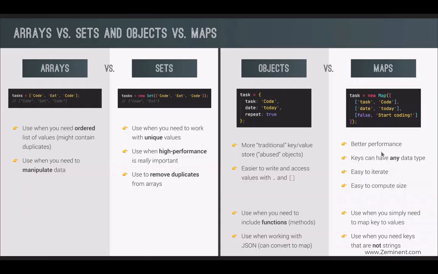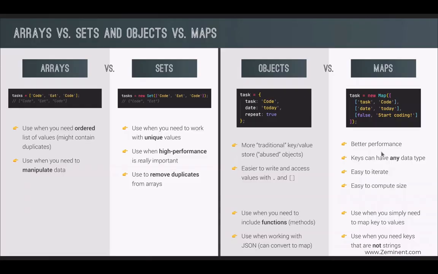Almost every developer is already super used to objects, and they simply keep using them for simple key value stores. Anyway, as a conclusion, you should use maps when you simply need to map keys to values, and also when you need keys that are not strings, because we saw in the last video that can be very powerful sometimes.